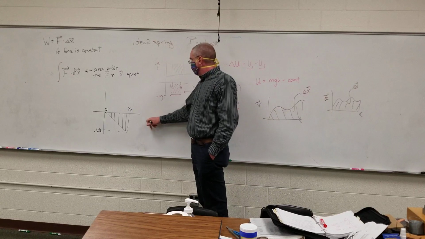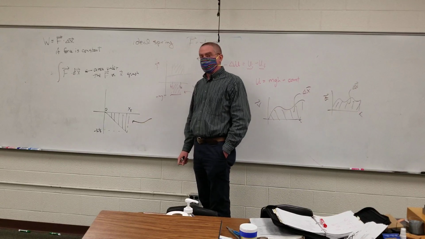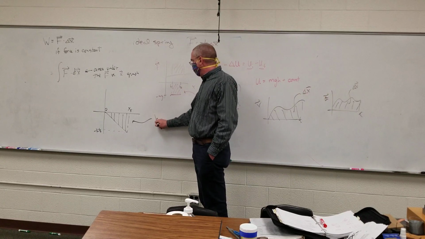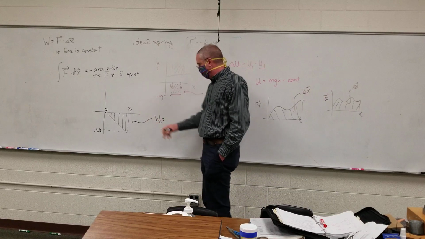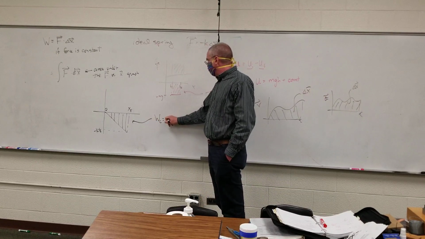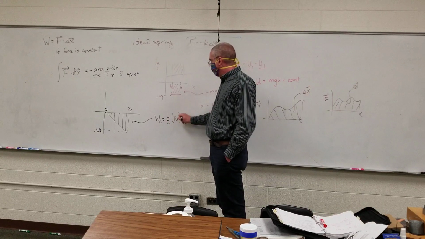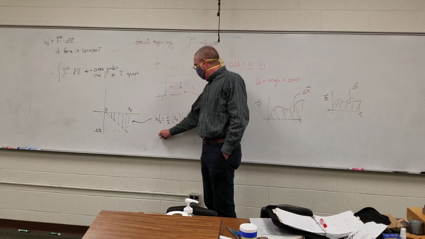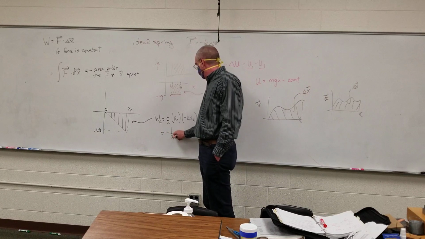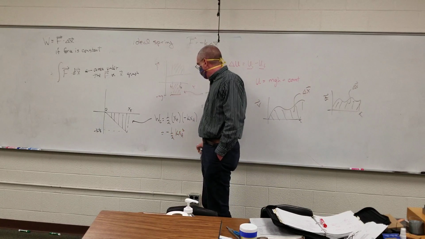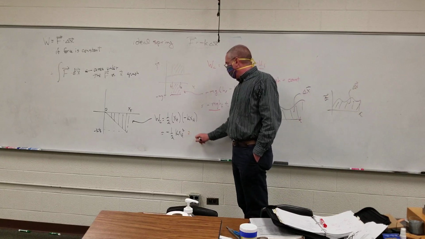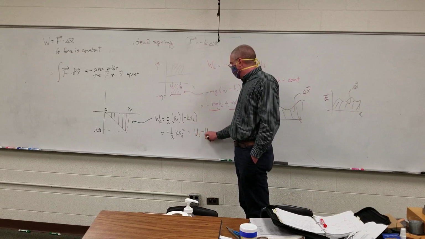So, what's the area of a triangle? 1/2 base times height, yeah. All right, so the work being done, the conservative work, since this is a conservative force, is equal to 1/2 times my base, which is x final, times my height, which is negative k x final, which is negative 1/2 k x final squared. And that is equal to u initial minus u final.